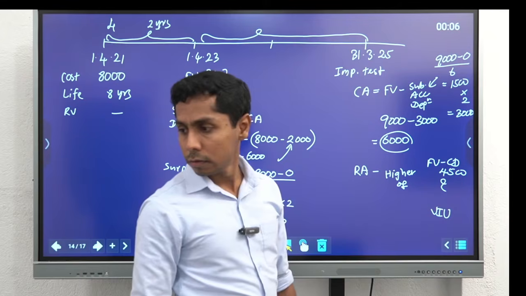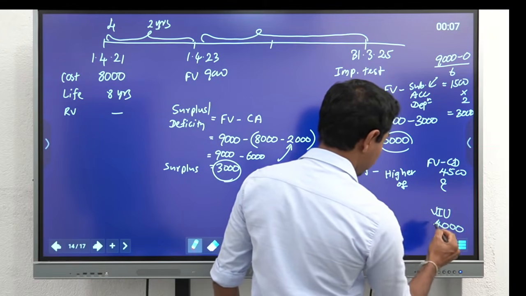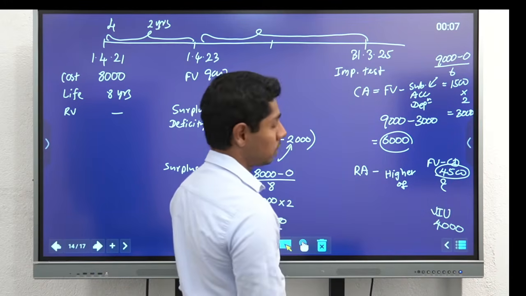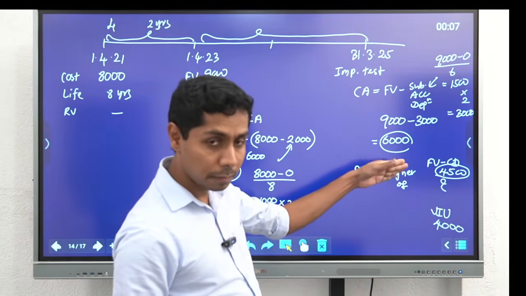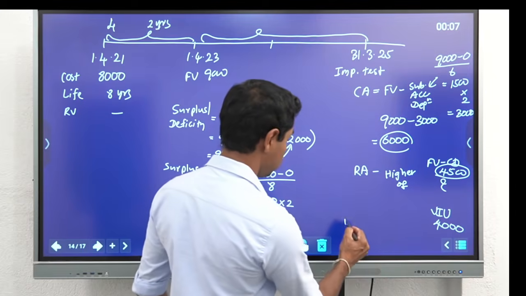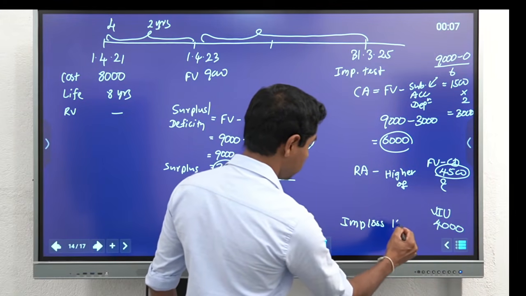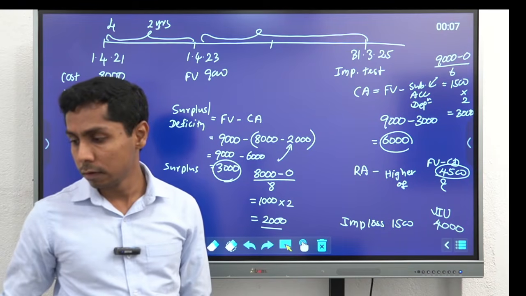Value in use is 4 million, in thousands 4,000. So select the highest, which is 4,500. When you compare these two values, our carrying amount is overstated by 1,500. So the impairment loss is 1,500, correct?